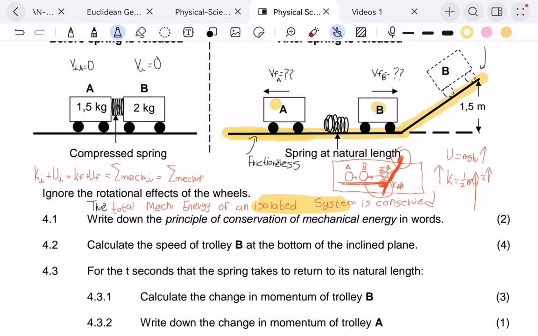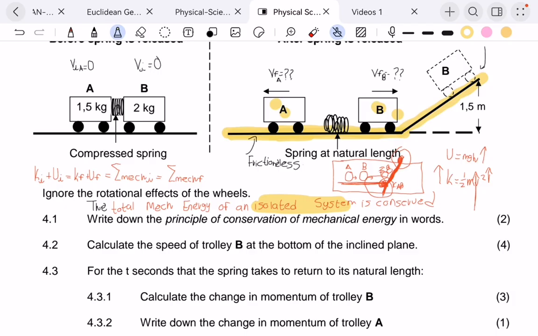But if we just have these two objects, and there is no non-conservative force acting on them, there is no friction, there is no air resistance, then that system is isolated. But most times, you will deal with friction as the thing that is causing your system not to be an isolated system. Once they say friction is there, then that system is no longer an isolated system.